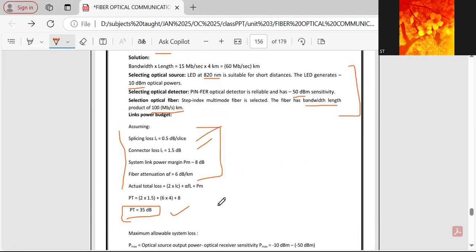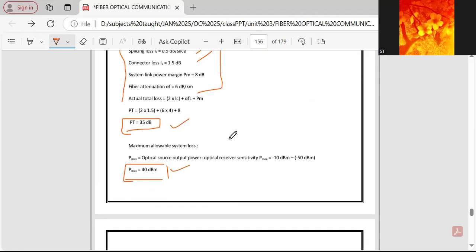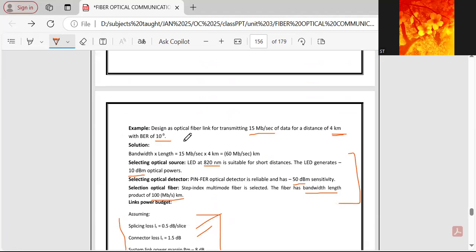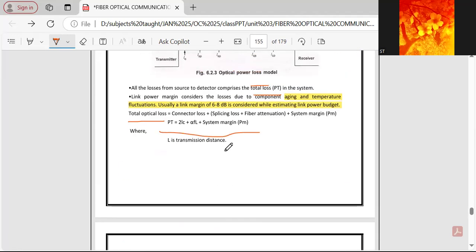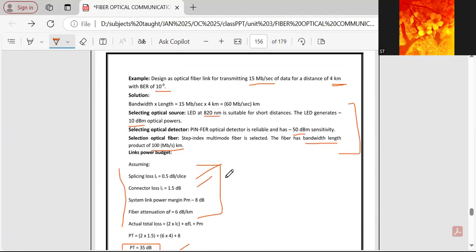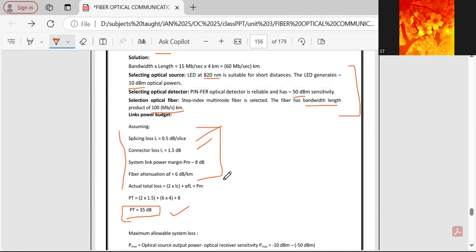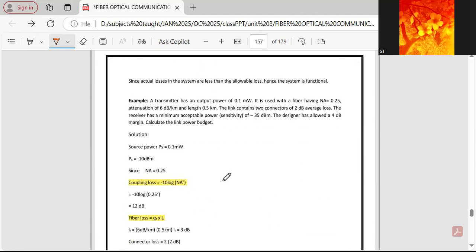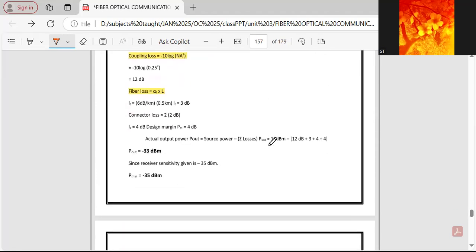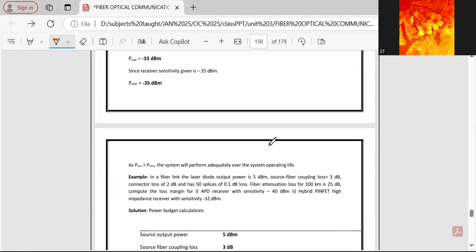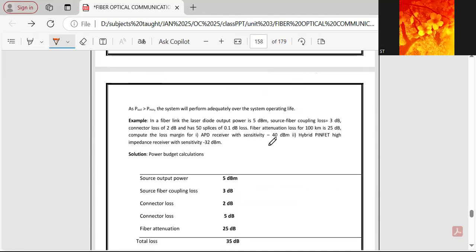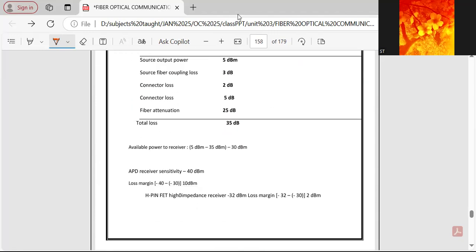So these assumptions are valid, and with these assumptions we can design our optical fiber link. This is all about how to calculate the link power budget. In the next video, a few more examples are given, and we will discuss all of them.